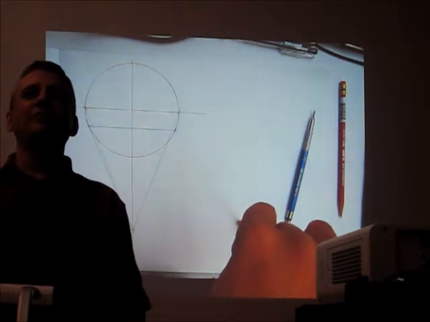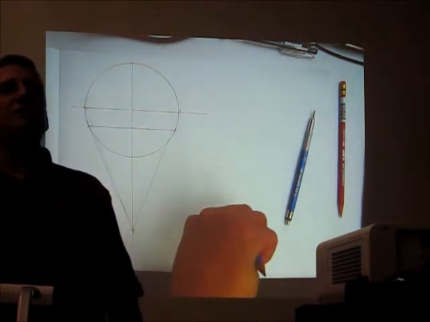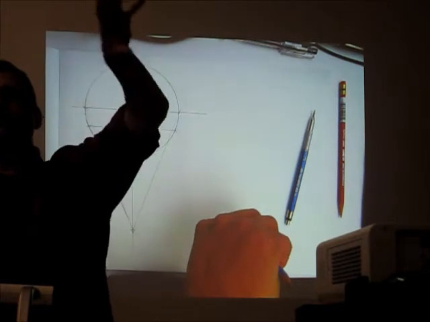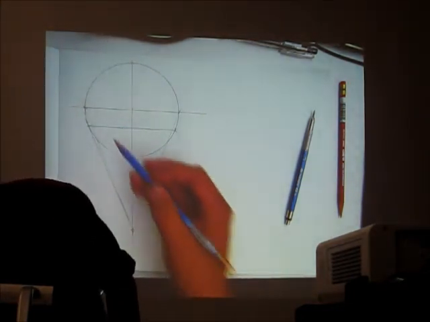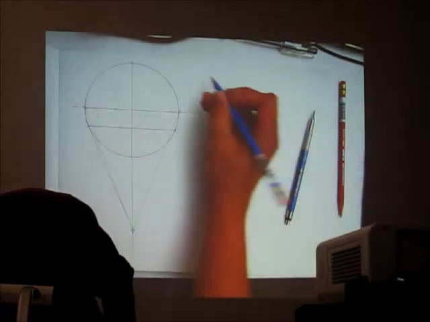Now, why does this work? Remember how I told you that the ellipses are always identical? They're always symmetrical? Visually, because of foreshortening. Let me draw it this way.